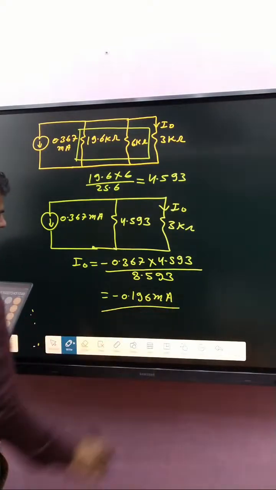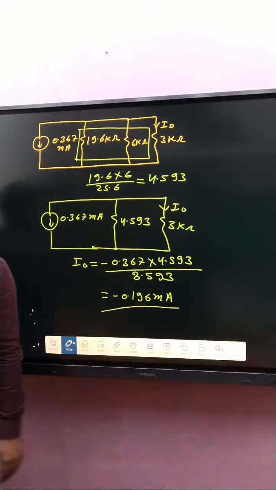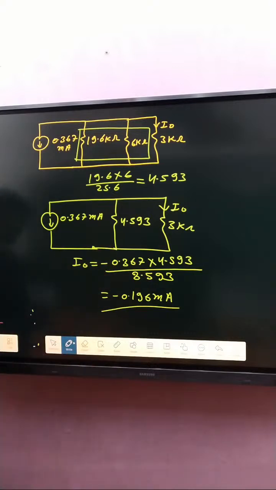Maybe there is a mistake on my side also from the mathematics point of view. Otherwise, the steps are okay. Circuit reduction method. Maybe a mistake. First of all, try.